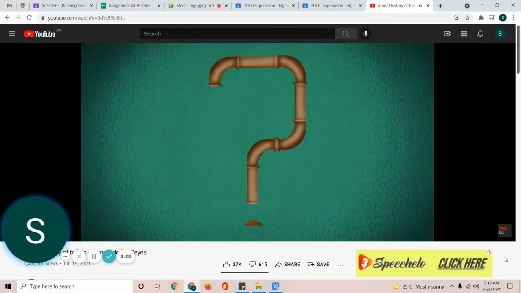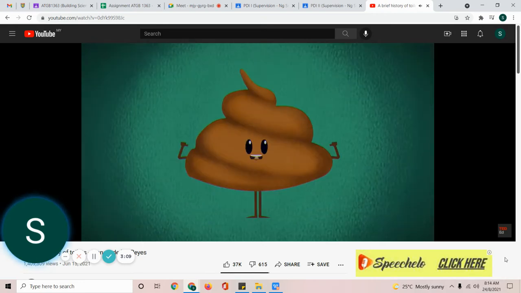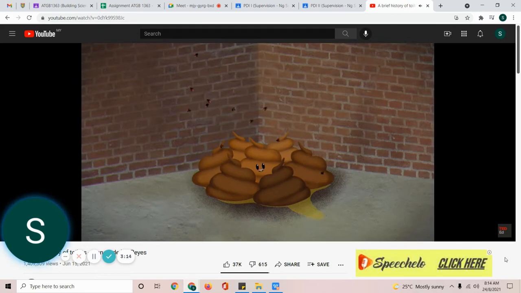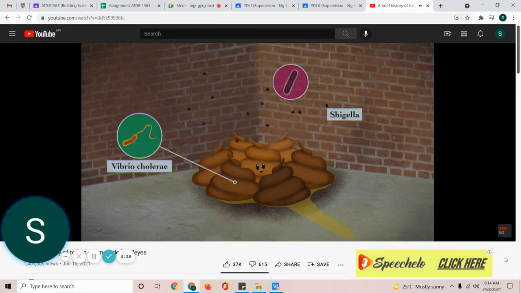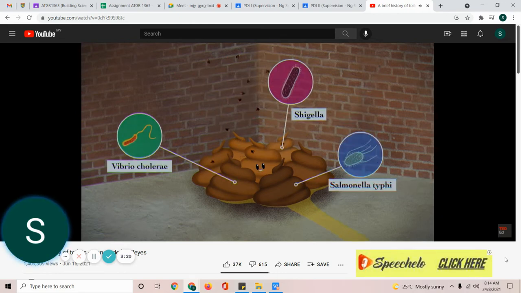Researchers can't say for certain what inspired these early sewage systems, but we do know that waste management is essential for public health. Untreated sewage is a breeding ground for dangerous microorganisms, including those that cause cholera, dysentery, and typhoid.